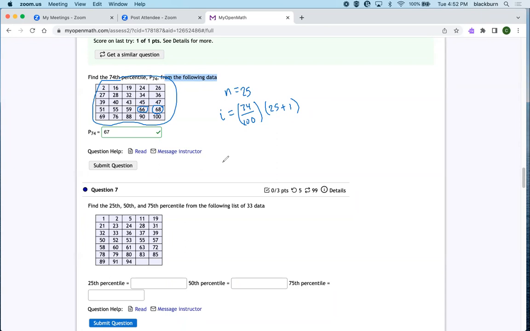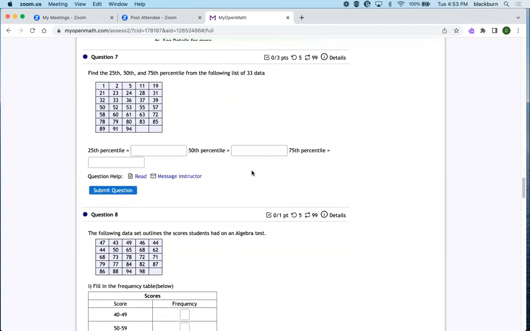Would it be worth doing one more? Probably, right? Okay. Let's go down to do number 7 then. They want the 25th, 50th, and 75th from the set of 33 data. Well, we could find the 50th pretty easy. The 50th is going to be the halfway point.